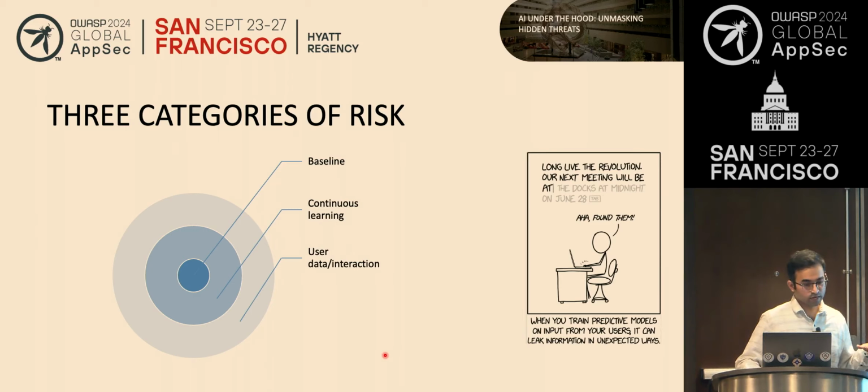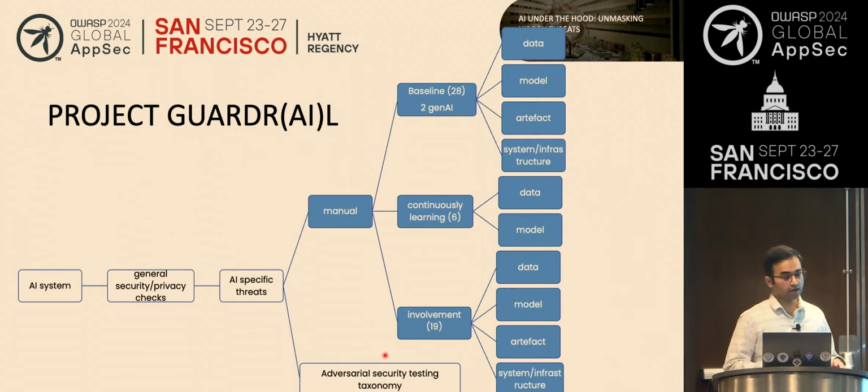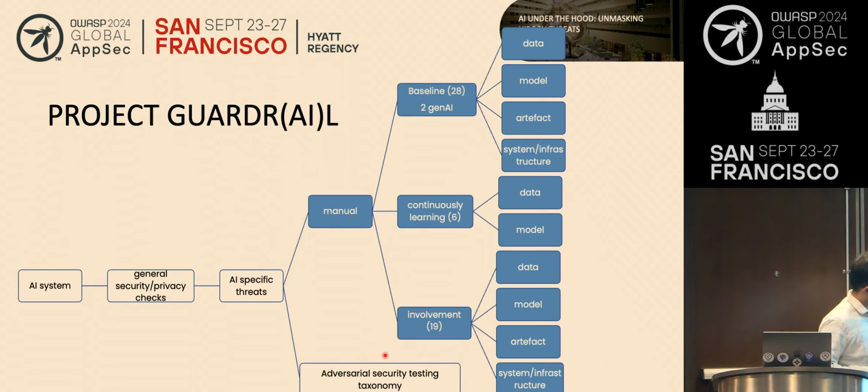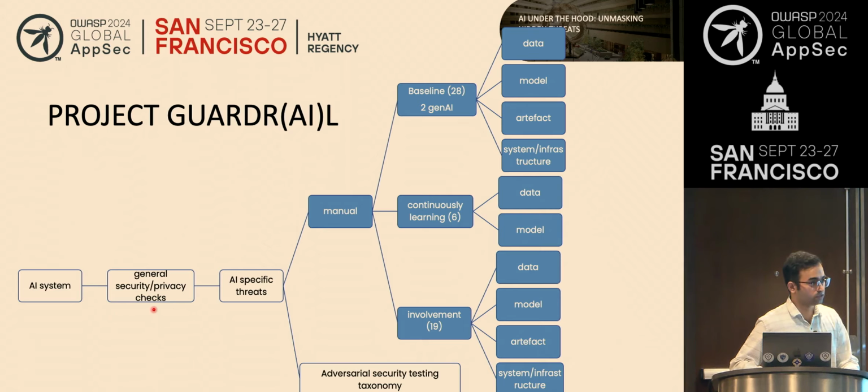We did this categorization of the questions, and the resulting system looks something like this. When the AI system comes for threat modeling, we perform general security and privacy checks. After doing this, we evaluate the AI-specific threats within the application. This can be divided into two: one is the manual process, and the other is the adversarial security testing part.